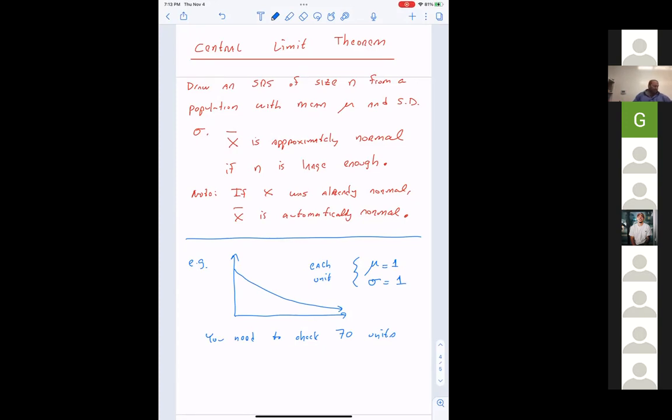In particular, is it safe to budget 1.1 hours per unit?